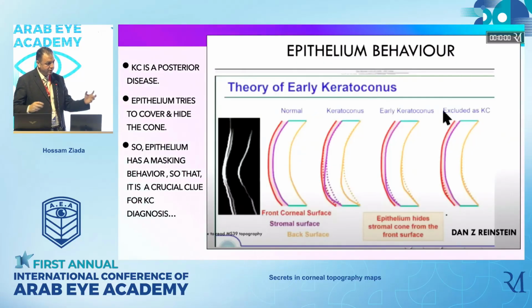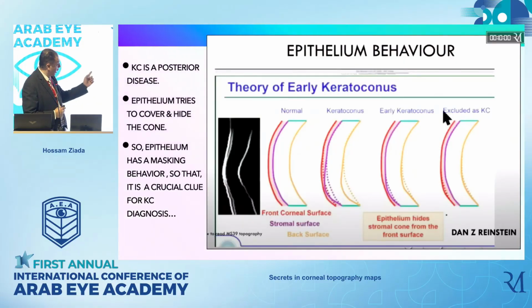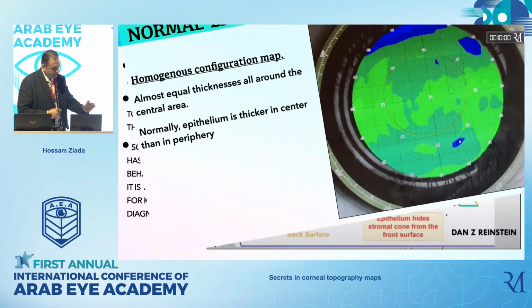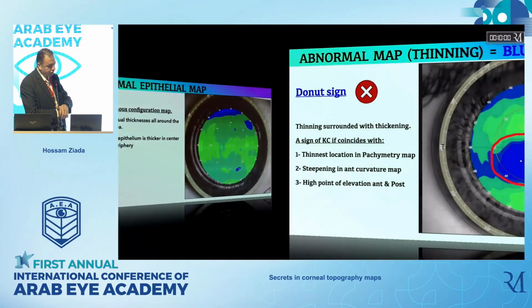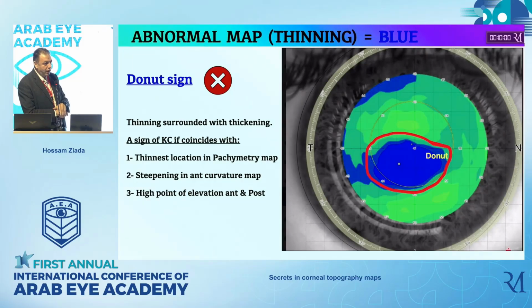So from this phenomenon, which is shown by Dr. Reinstein in this diagram, you will find that the normal epithelial map is homogeneous all around, as you see, so it's a normal patient. But here is the alarming sign, the donut sign formation, the characteristic thinning.